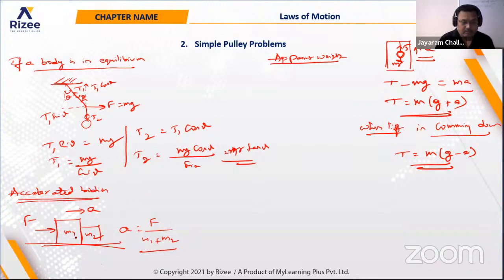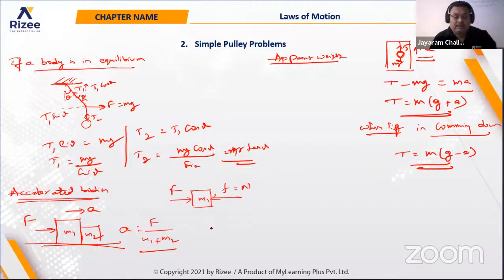If you want the contact force between them, you need to draw the free body diagrams. Let this be m1. I apply the force F on this side, and the acceleration and the normal reaction are in this direction. Then F minus N is equal to m1a, and similarly N is equal to m2a.